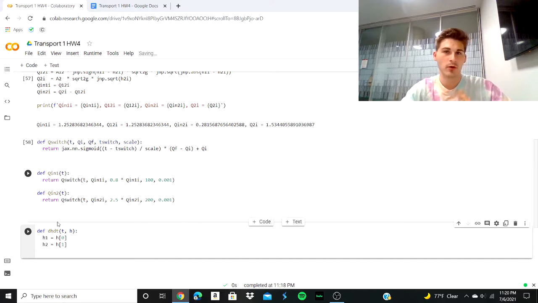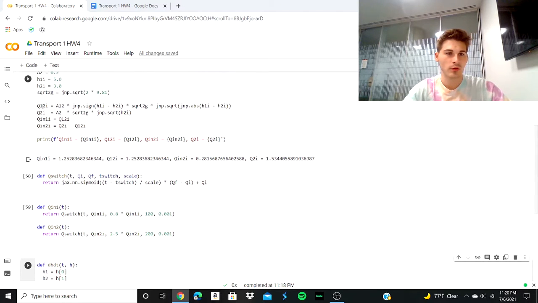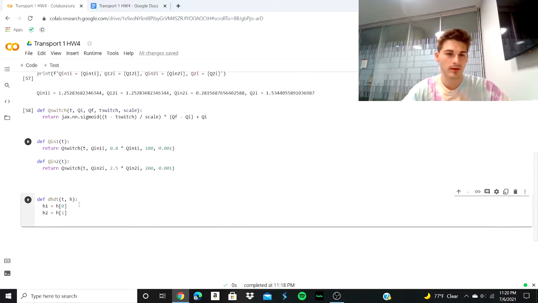Well, the changing of volumes for each tank can be found using these two equations, or these two functions that we've defined, and using the known flow rates between the first and second tank and leaving our second tank.